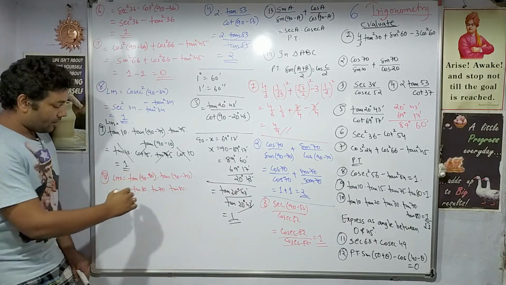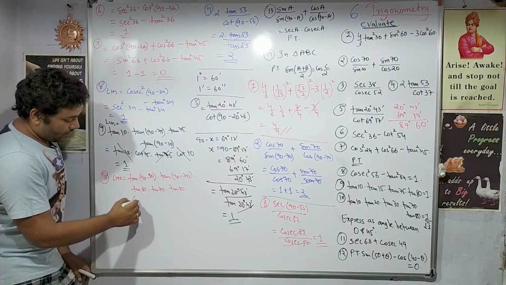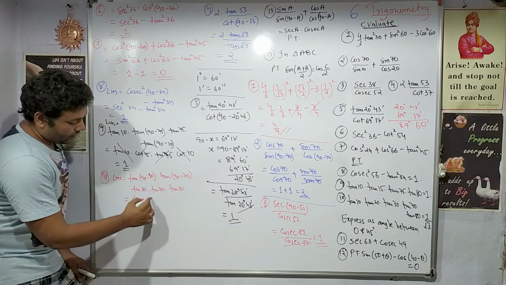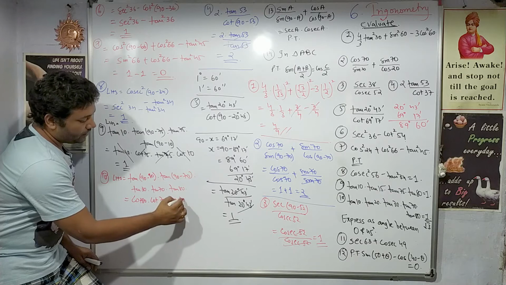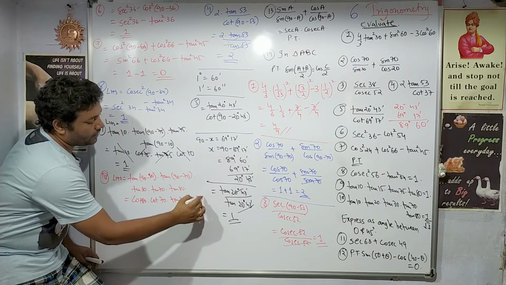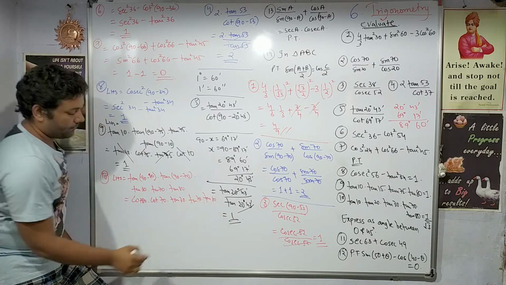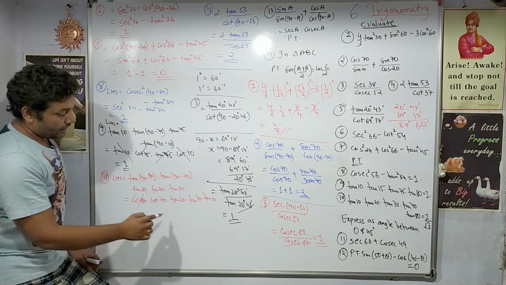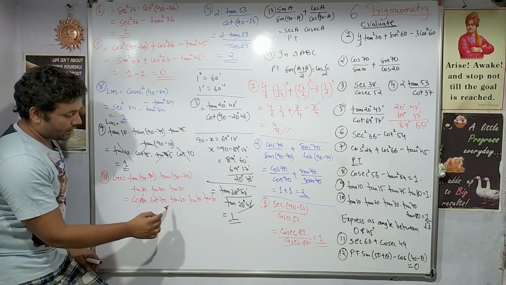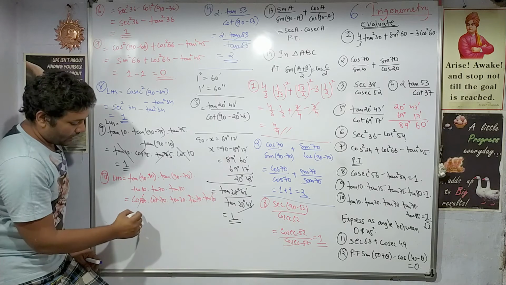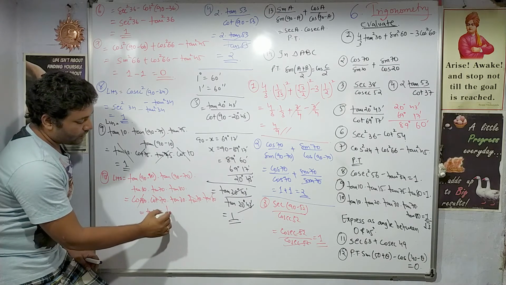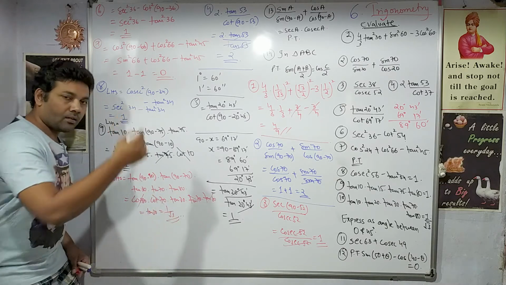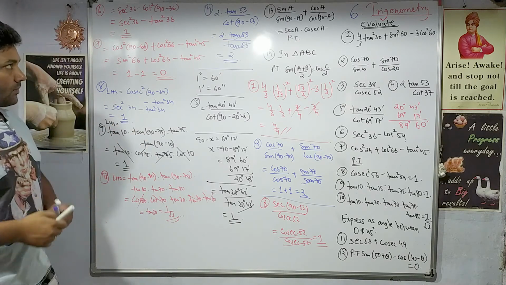So I have converted only one. This will be cot 80, this will be cot 70, tan 30, tan 70, tan 80. So cot 80, tan 80 cancel, cot 70, tan 70 cancel, the value of tan 30 remains, and tan 30 is nothing but 1 by root 3. Simple, right?